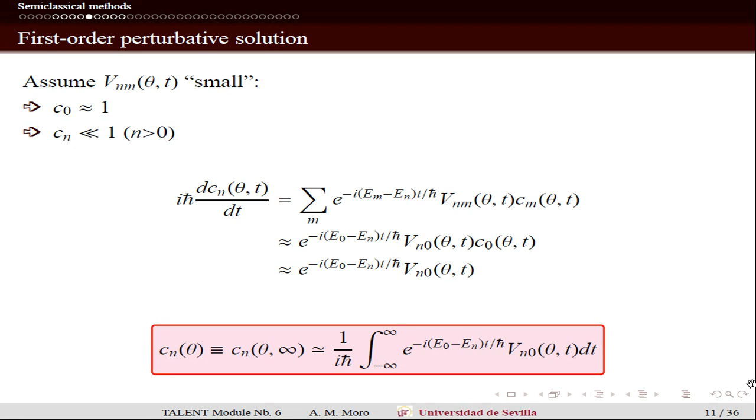And of course, as a result of this calculation, we should get that this C fulfills this condition. If we get that this C is close to 1, then clearly the assumptions that we have made at the beginning are not correct, and we should solve the full system of coupled equations. So it's a self-consistency check. We have to make sure that these C are small quantities.